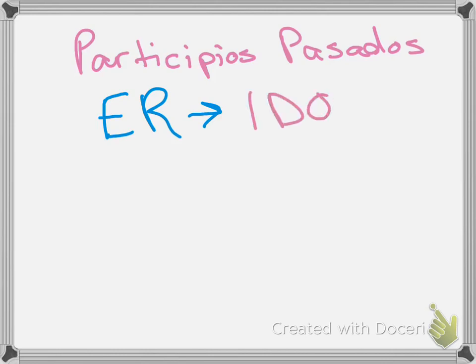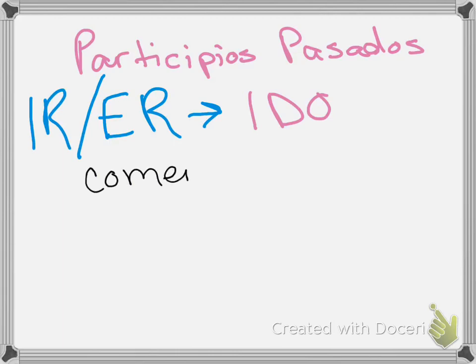This is the same as well for IR verbs, okay? So, for example, comer would become comido. That is a C. Comido. Okay? You might be looking at it going, oh, wait, comida, comido. Now you can see where it comes from.